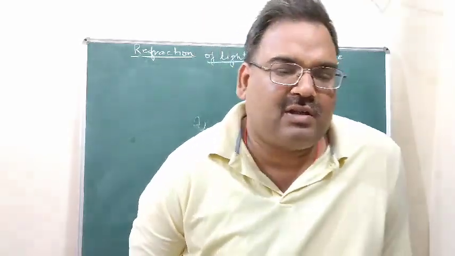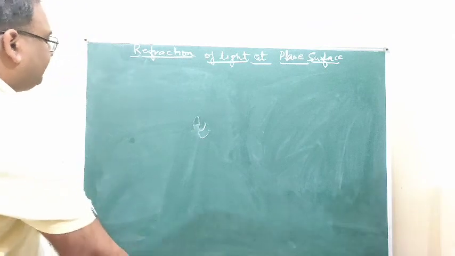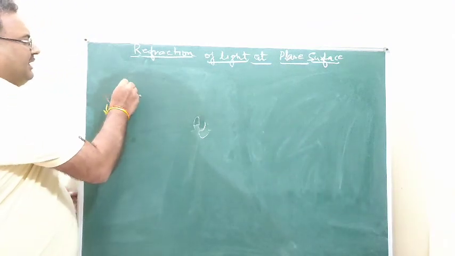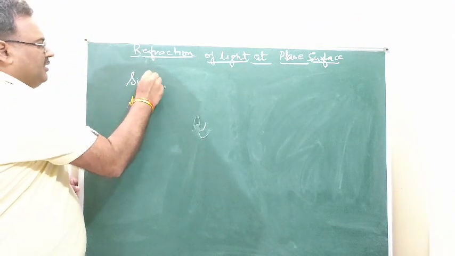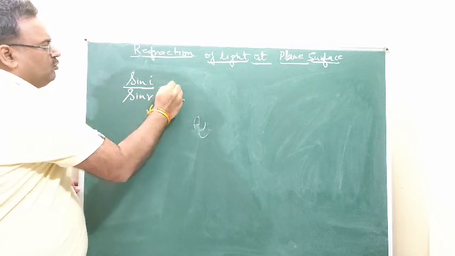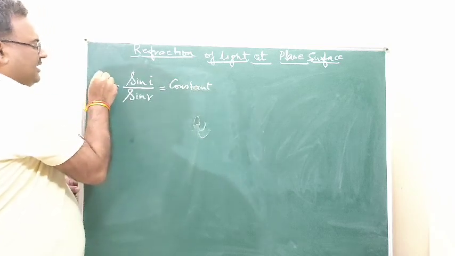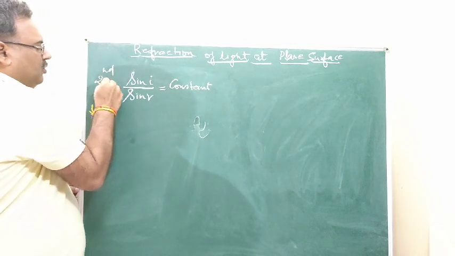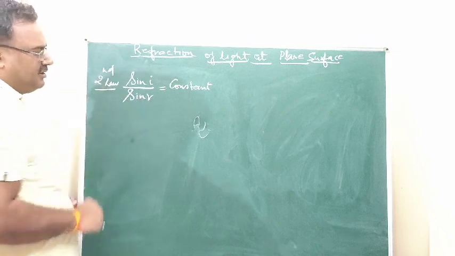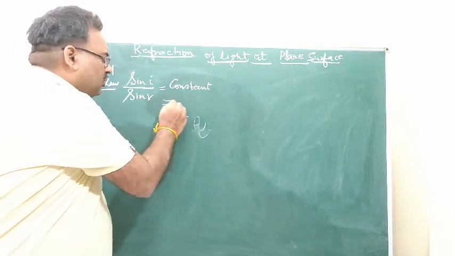This is also known as Snell's law. This is the second law of refraction. Sine I upon sine R equal to constant, and that is equal to mu.